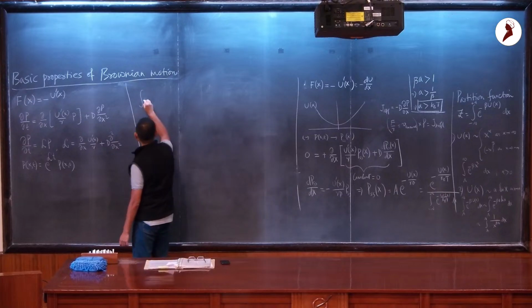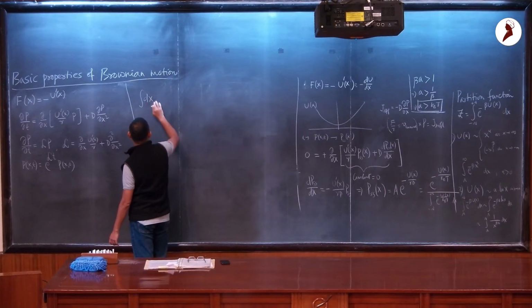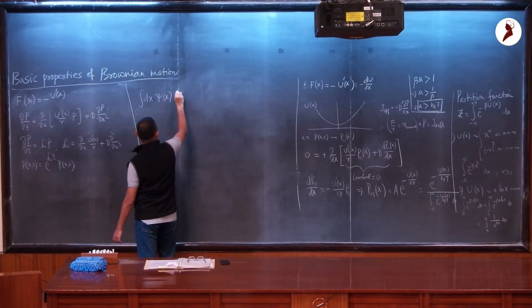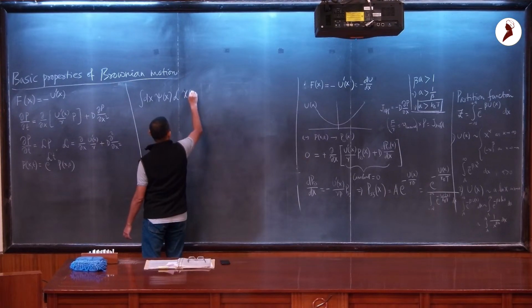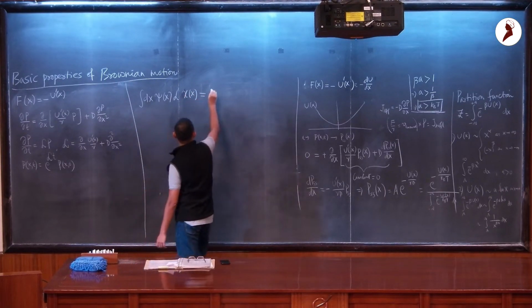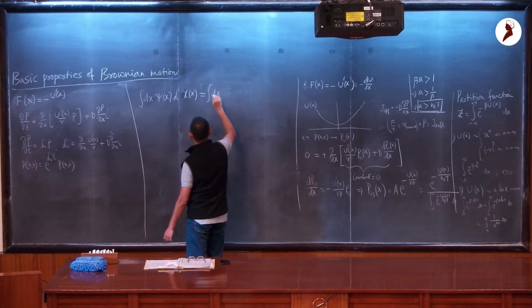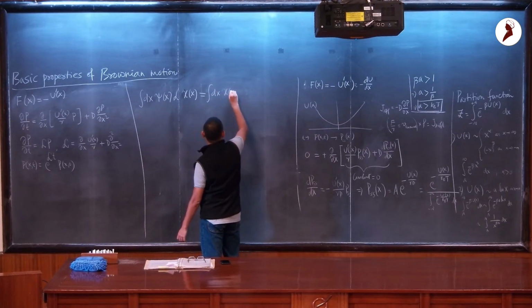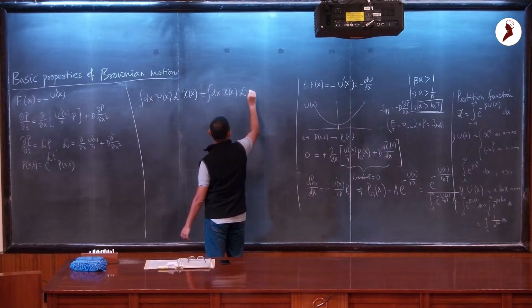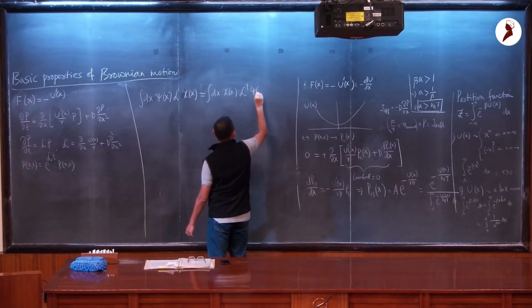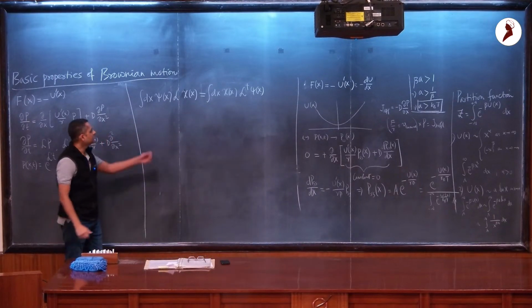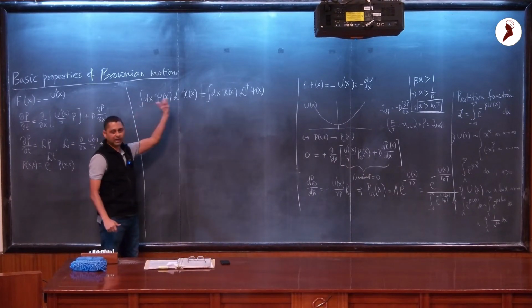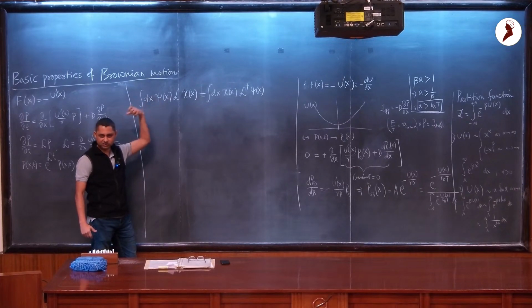We say that integral dx, if you have two functions, let's say psi of x, L chi of x, this is equal to integral dx chi of x L psi of x. In some sense, this operator when it acts on the left side, that's the adjoint.